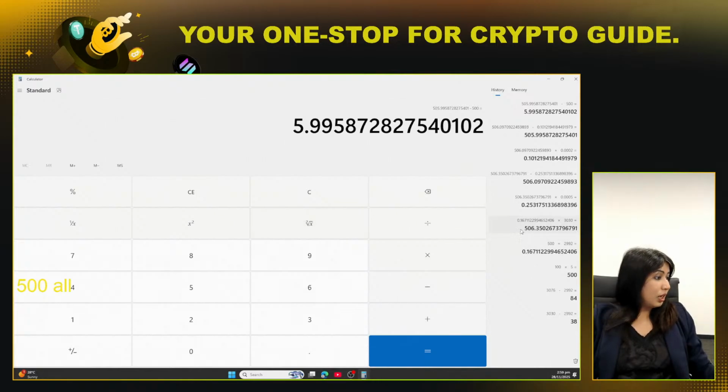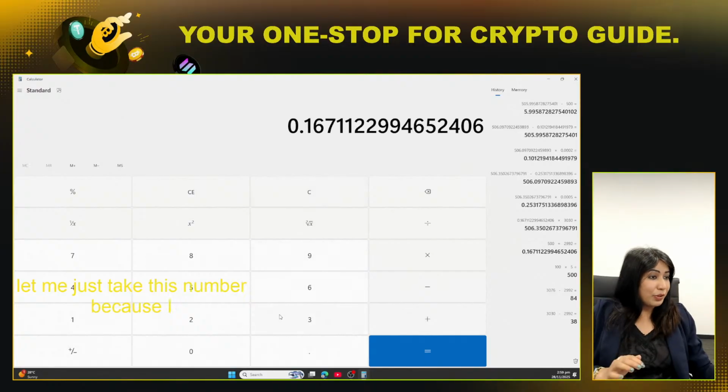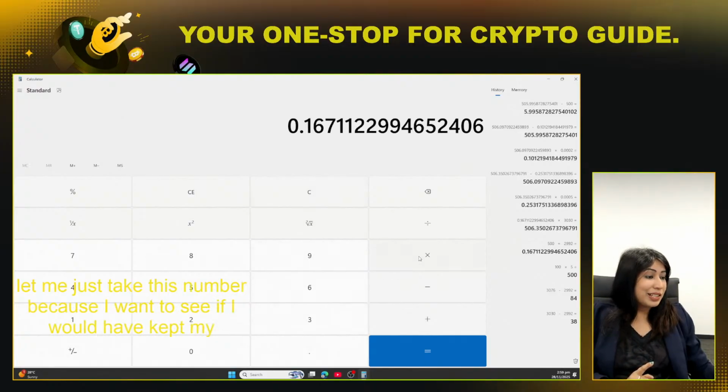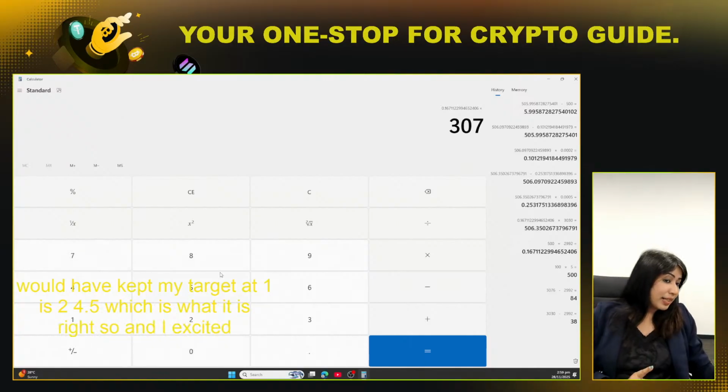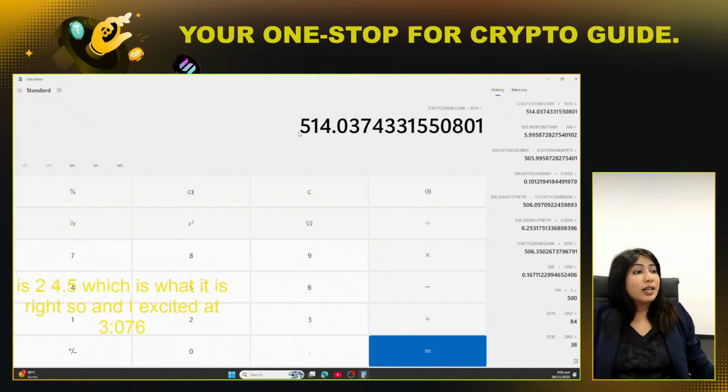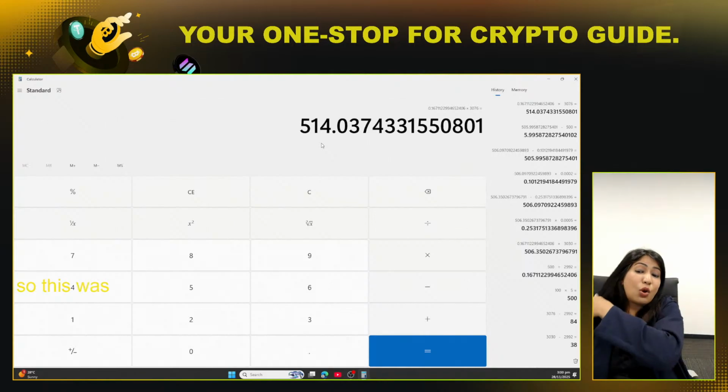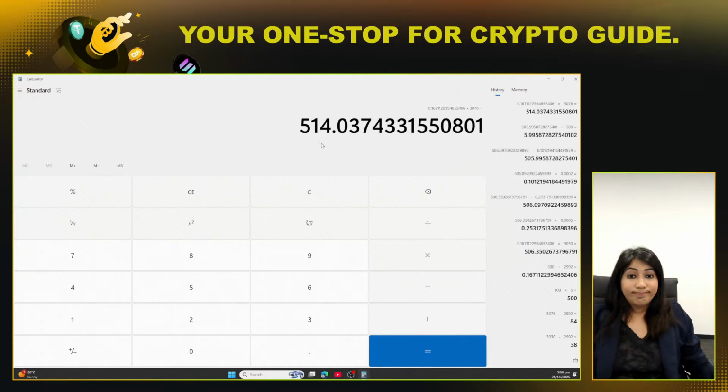Imagine, with just a 1:2 ratio we were able to achieve $6 as the profit. Let me take this number, because I want to see if I would have kept my target as 1:4.5, which is what it reached, right? And I exited at 3076. So this was almost like a $14 profit that we are talking about.